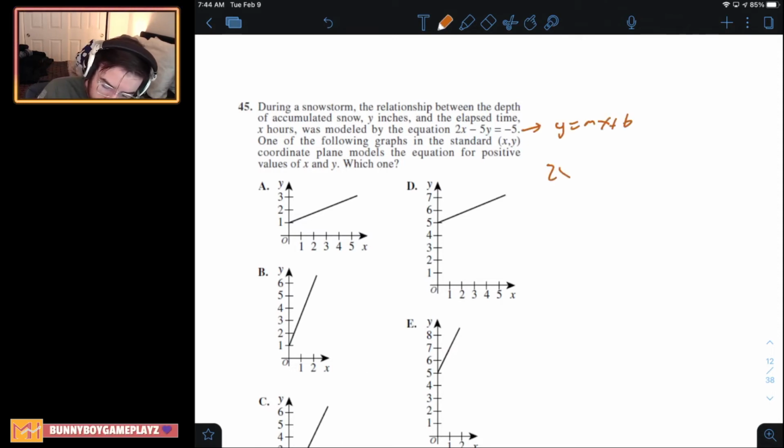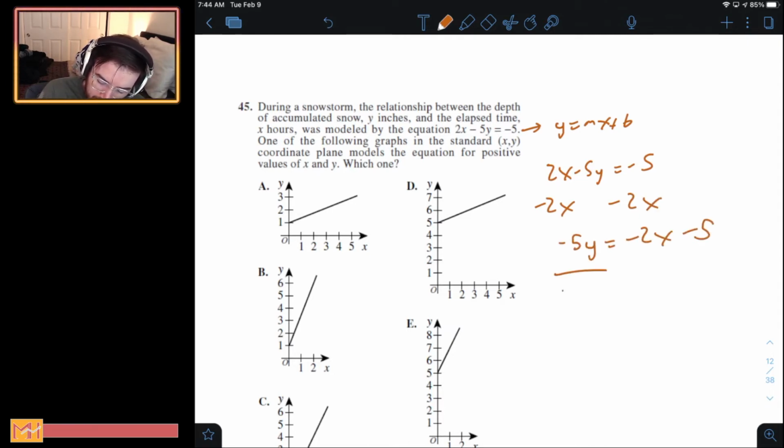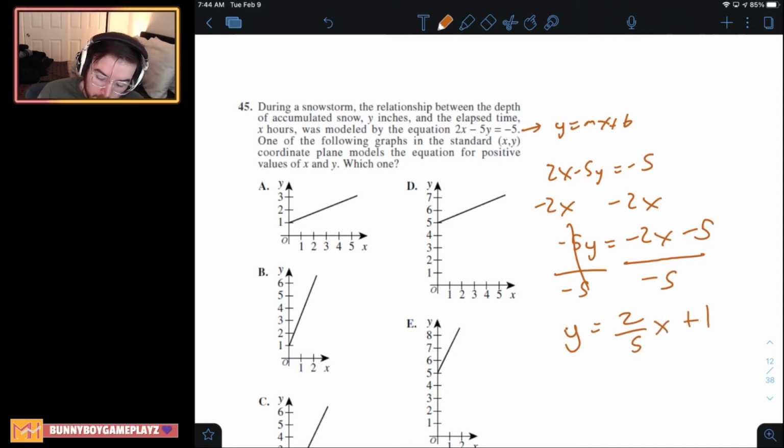So 2x minus 5y equals negative 5. Let's solve for y. So subtract the 2x, negative 5y equals negative 2x minus 5, and then divide by negative 5. That cancels out, of course. That becomes positive 2/5 x, and then those two negatives become plus 1, negative 5 divided by negative 5.